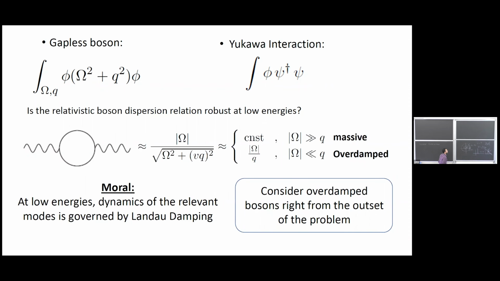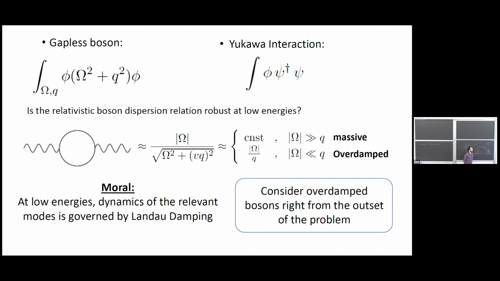And at this point, one should ask if, of course, a relativistic dispersion is always an option. But one should ask if this is robust at low energies, and it turns out that it is generically not. To gain some intuition, for instance, one can check that the usual fermionic loops at finite density induce terms which will dominate over the frequency squared term of the relativistic dispersion.